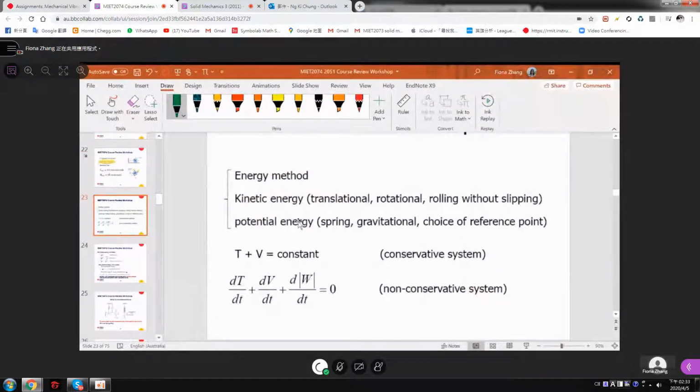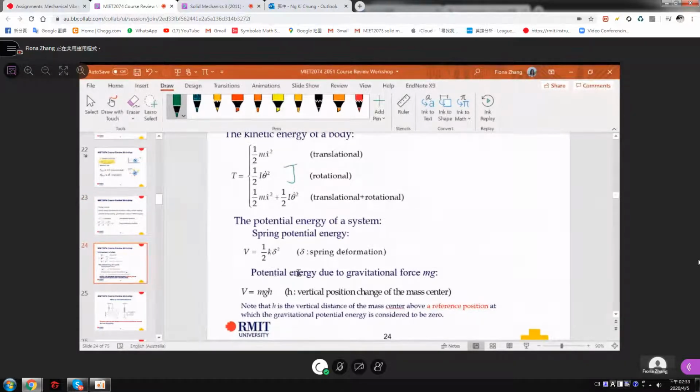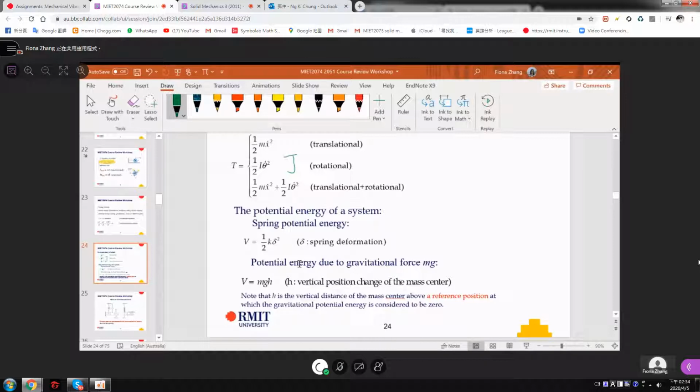Then kinetic energy and potential energy. For the potential energy of the system, I have two types: V equal to half k delta squared for the spring, and potential energy due to gravitational force, V equal to mgh. Here something you need to notice, we will talk about later.